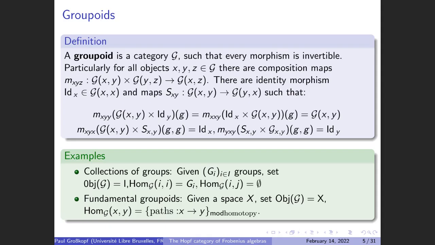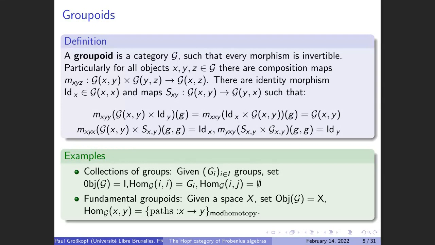This is the definition of a groupoid. If we have a category with not necessarily one object, but multiple objects, and every morphism in that category is invertible, we speak of a groupoid. Particularly for every pair of points in my category, I have morphism spaces here denoted by G_XY.